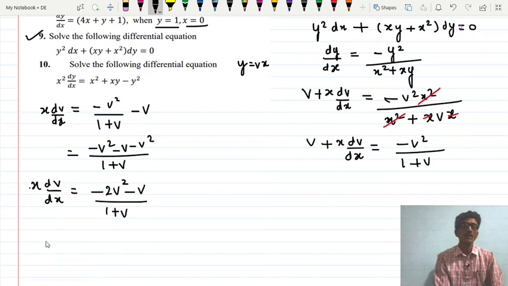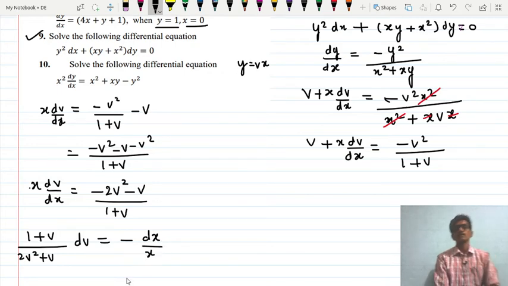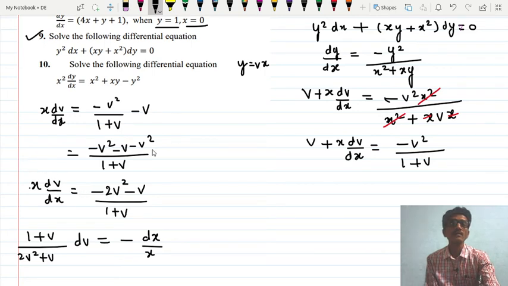So writing in variable separable form, it is 1 plus v upon 2v square plus v dv is equal to minus dx upon x.